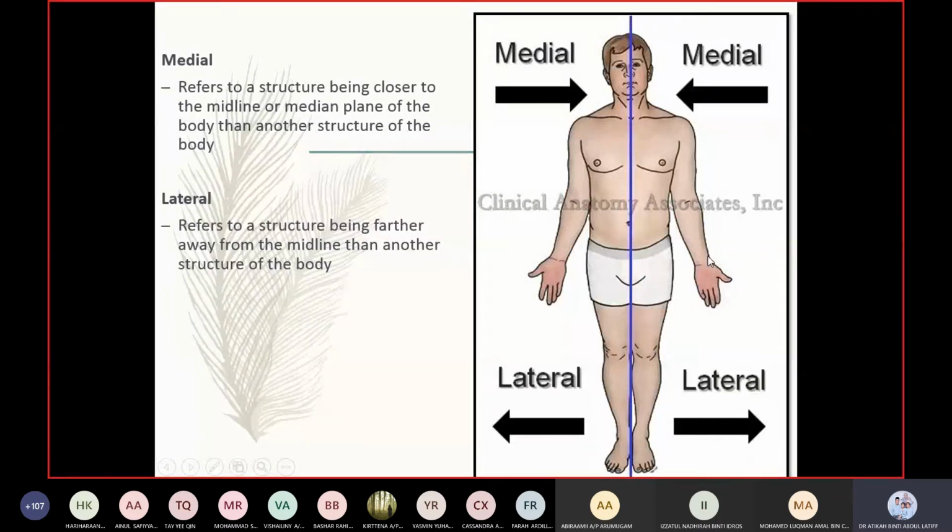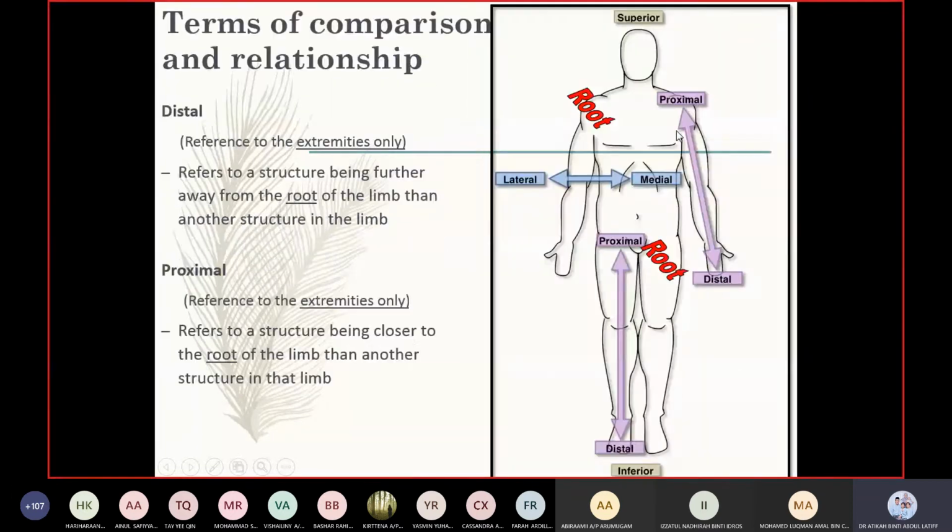So lateral would be moving further away from the body. If it's medial, it would be moving towards the midline of the body. A structure closer to the midline would be more medial. A structure further away would be more lateral.